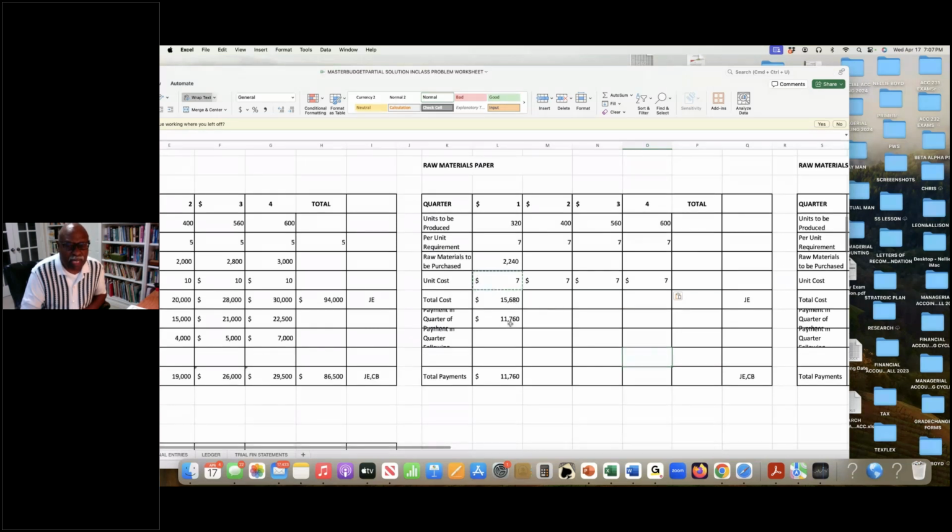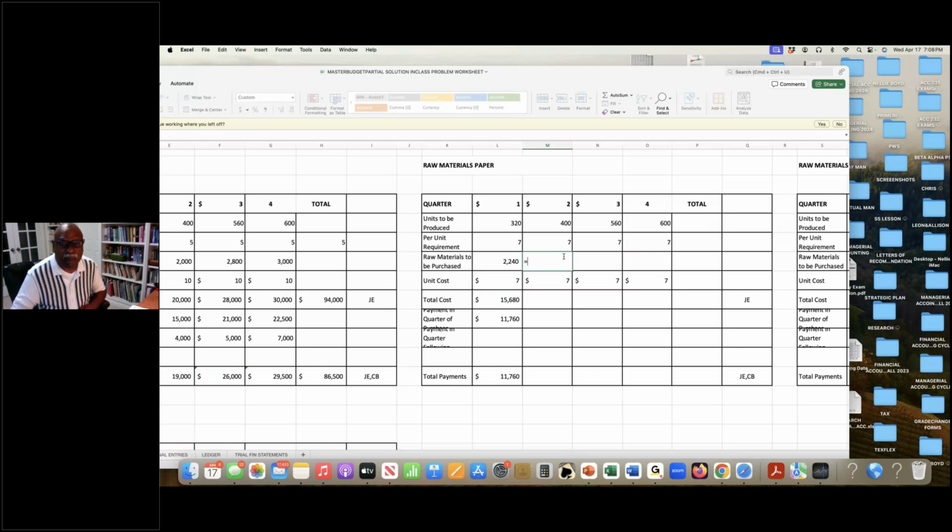Payment in the quarter was 1,160. That's 3,920.